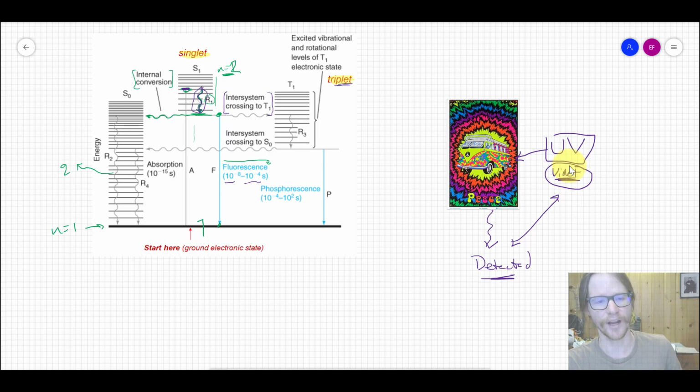It doesn't happen very often, and so this process is considered forbidden, and by forbidden in the spectroscopy sense, it means that the probability of this happening is very, very low based on the symmetry of events, etc. And so I'll leave that to the math for you to describe if you take a PChem course.